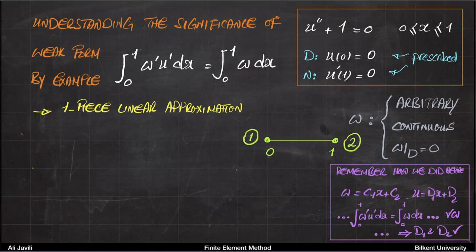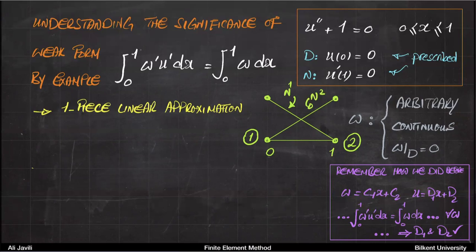Now you construct those shape functions that we had. This would be your N1, and this would be N2. Pay attention, I am putting the node number as a superscript.